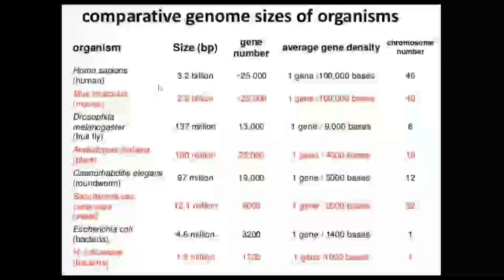Different organisms have different numbers of base pairs. For example, Homo sapiens have 3.2 billion base pairs. So 1 billion means 100 crores, that is 320 crore base pairs in Homo sapiens. So genes are different and genomes are different. The genome is a set of genes, and here 25,000 unique genes will be present.